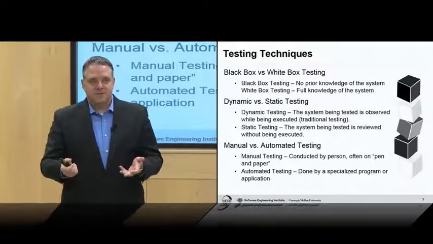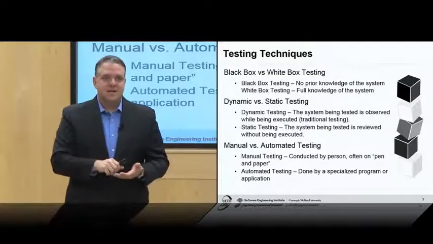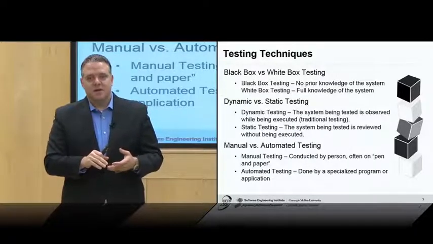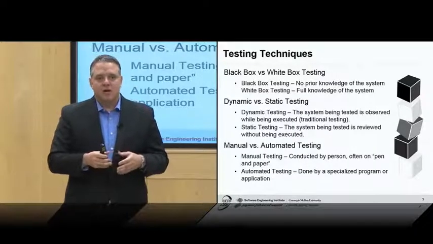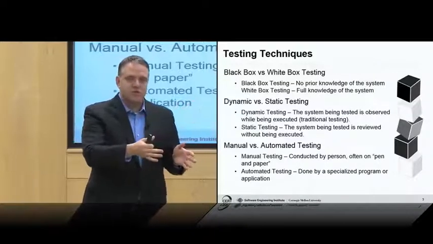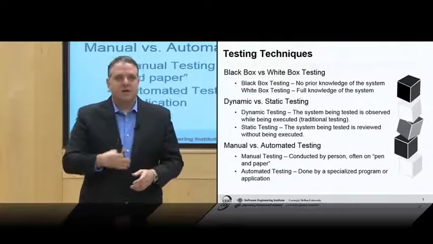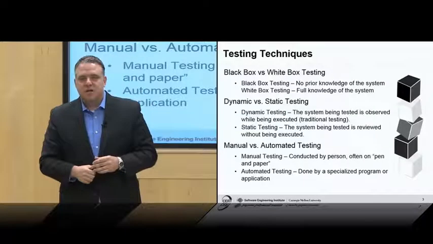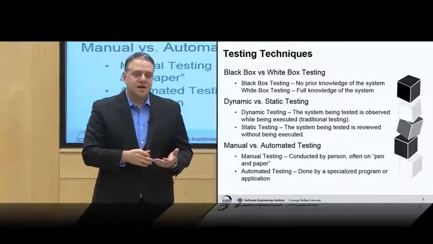That's dynamic testing. Static testing is where you're looking at the system or the code while it's not being executed. So you've got just a copy of the source code in front of you and you're looking through it. That's static testing.